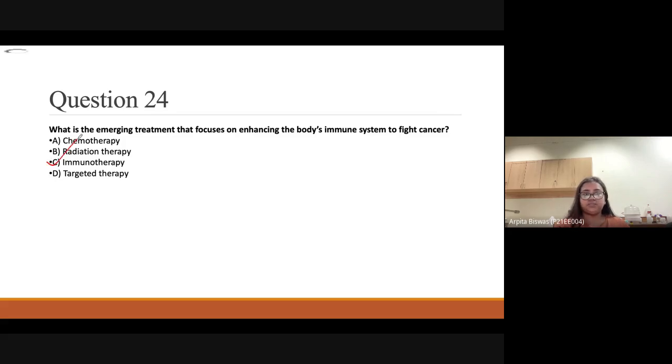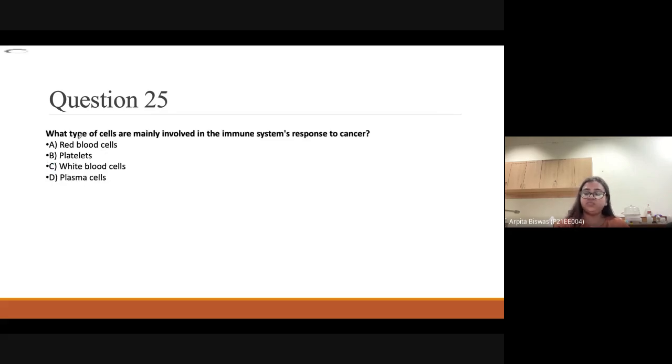Okay. Next, move toward question number 25. What type of cells are mainly involved in the immune system response to cancer? First is the red blood cell, second is the platelets, C is the white blood cell, and option D is the plasma cell.